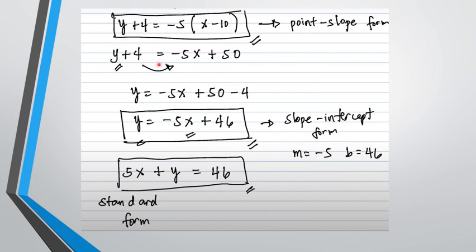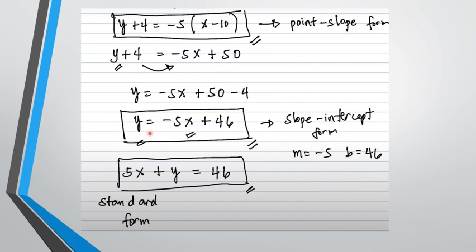Y plus 4 equals -5x, then -5 times -10 is +50. In slope-intercept form, we remain only y on the left side, so we move the +4, which becomes -4.